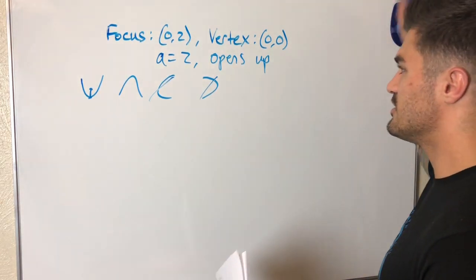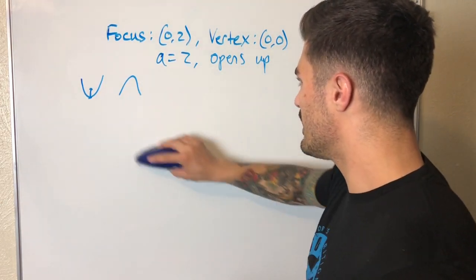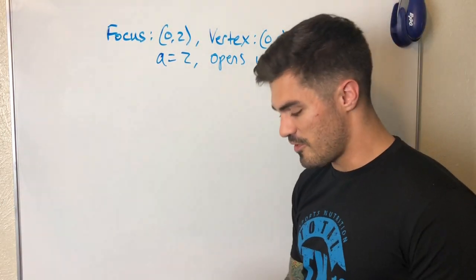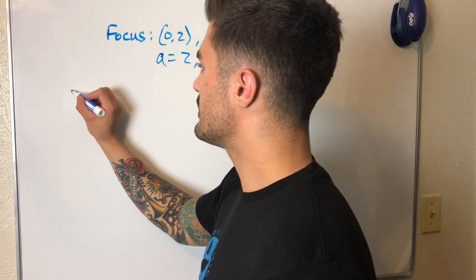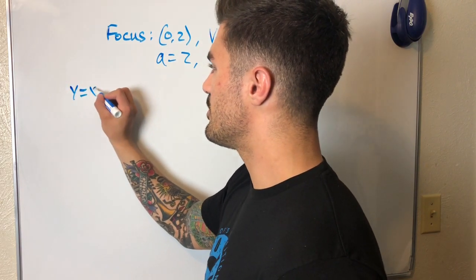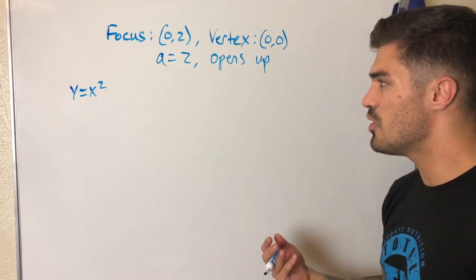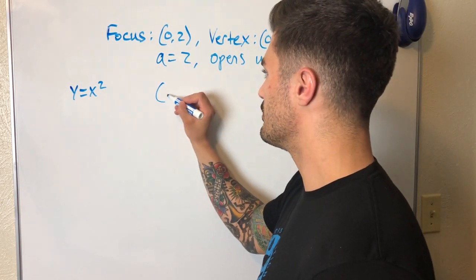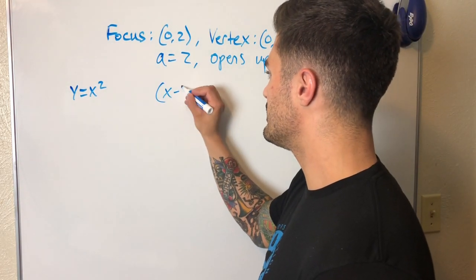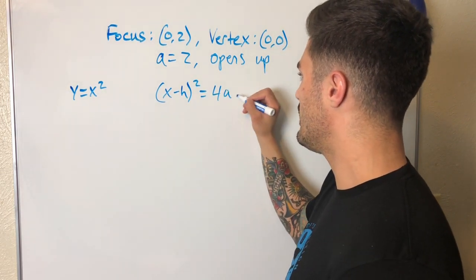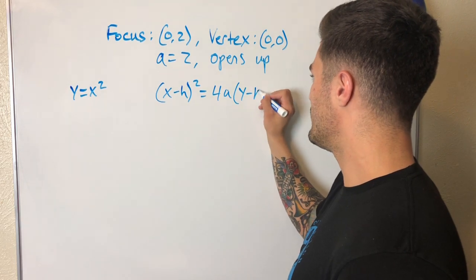How I remember these is that it goes along with the parent functions. If I think of a parent function, I think of something like y equals x squared. That's a parent function for a parabola that opens up. So that's similar to what this general form follows. We have x minus h squared equals 4a times y minus k.